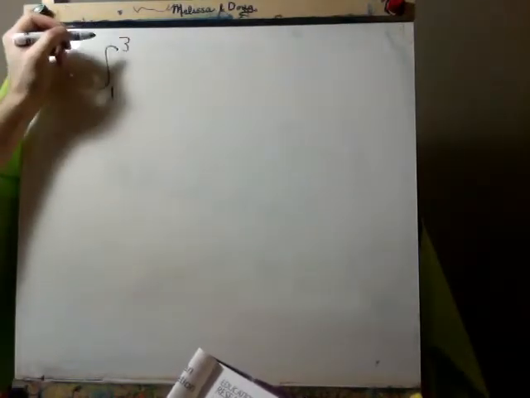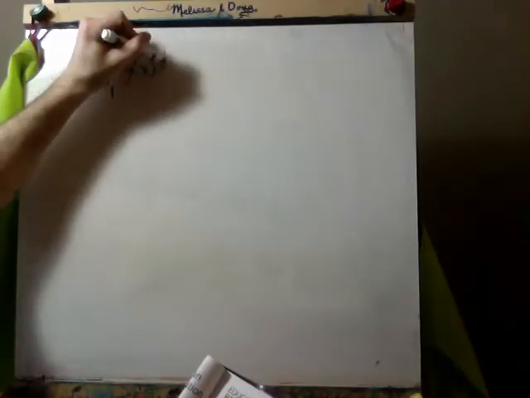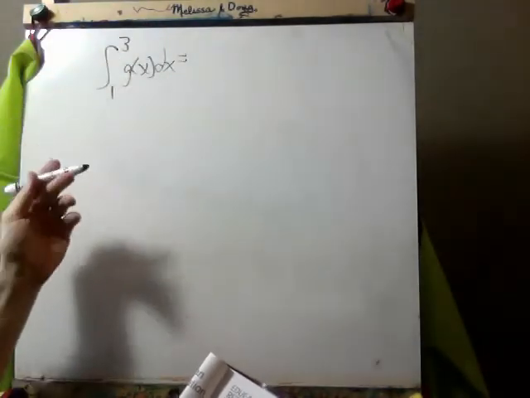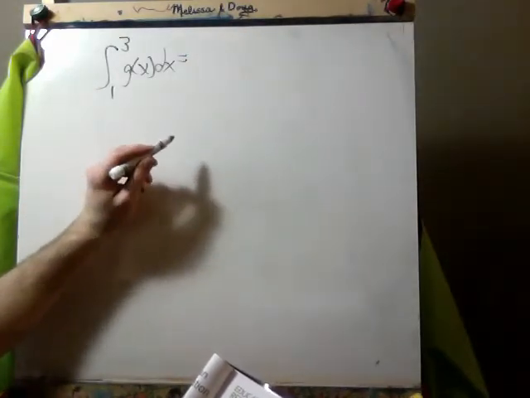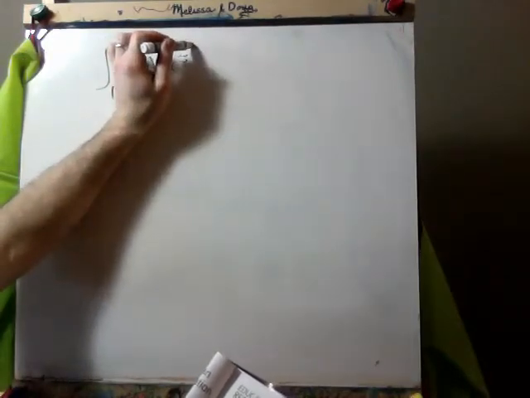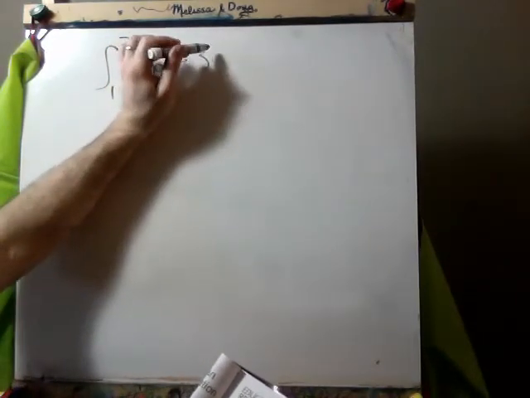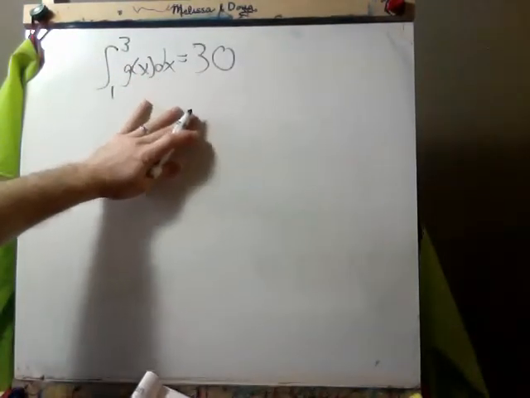Let's say 1 to 3 of some function, and they give us a value. So they give us this value, say 30. Okay. So we have this.